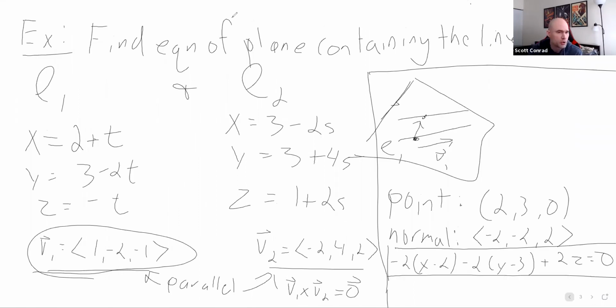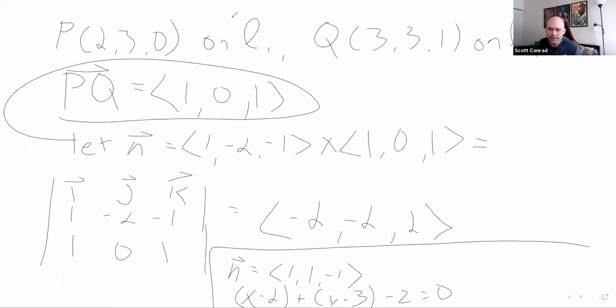So I happen to pick this point 2, 3, 0. I could have picked any point I wanted. When I took the cross product the way I did it, I happened to get negative 2, negative 2, 2. But I could have picked any other point, and I could have done some other cross product, and I would have ended up possibly with a scalar multiple of negative 2, negative 2, 2.